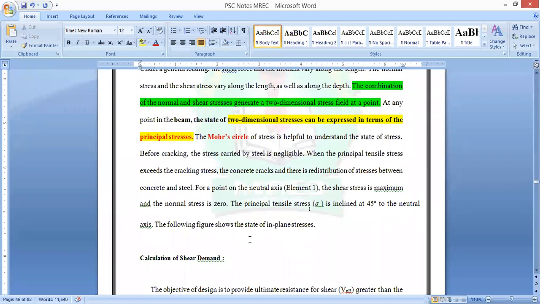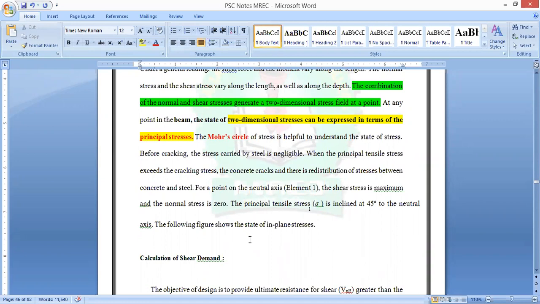So I think the picture was not shown here. I think you can compare this with the principal stresses and strains which we discussed in the second year of strength of materials. Okay. So why? Because you all know the maximum principal stress will occur at an angle of 45 degrees to the perpendicular plane. Okay. So the principal stress is inclined at 45 degrees to the neutral axis.